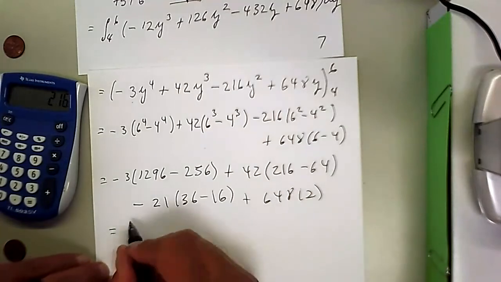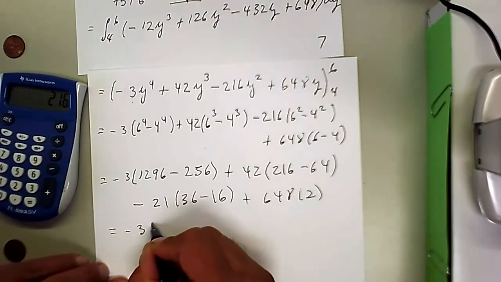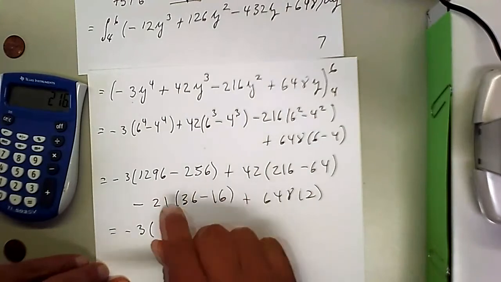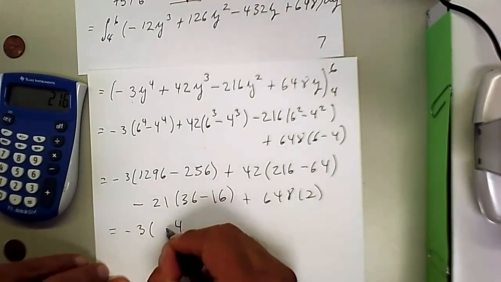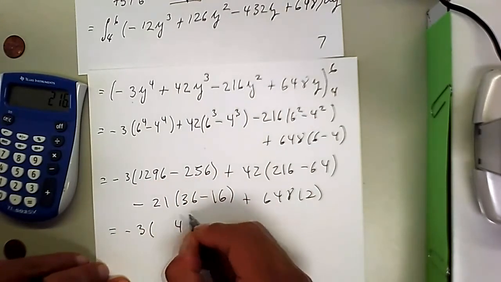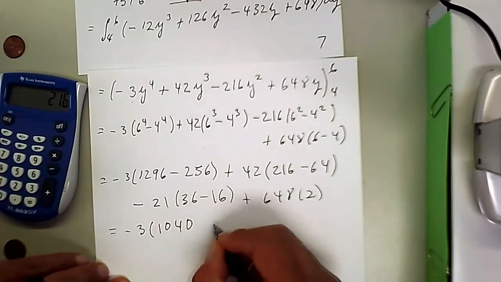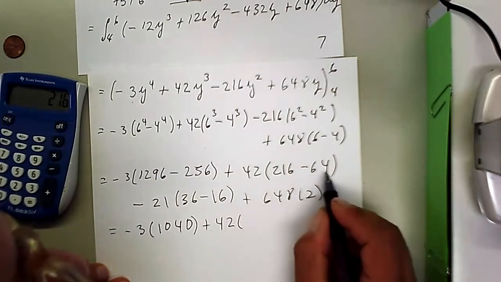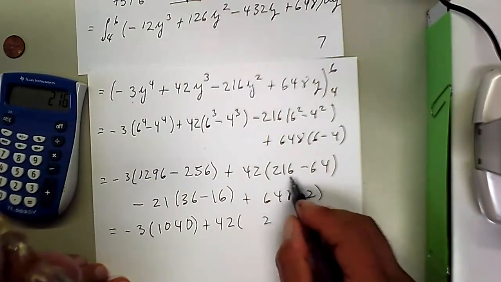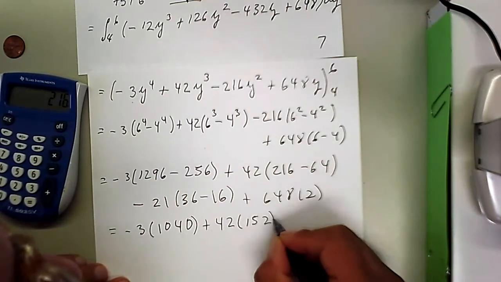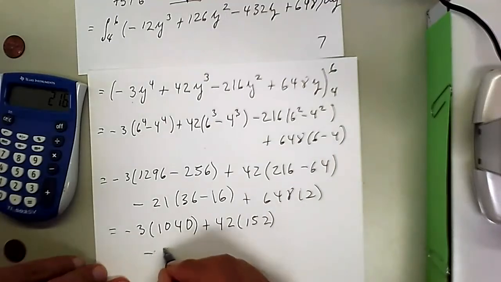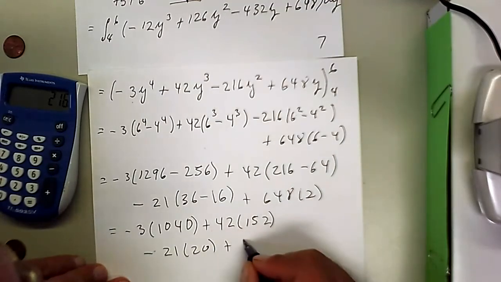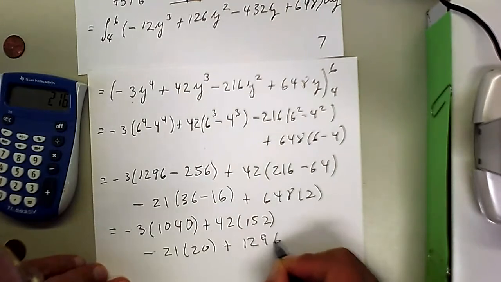6 minus 4 is 2, so that is negative 3 times 6 minus 6 is 0, 9 minus 5 is 4, 12 minus 2, I missed the 0, there you go, 10. 1040 plus 42 times 6 minus 4 is 2, 15 minus 21 times 20, and we can already do that, plus 1296.